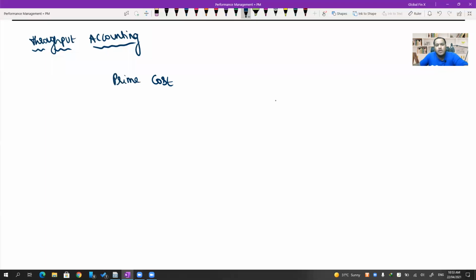Now, what is prime cost? Material cost plus labor. Do you remember? Only these two are truly variable. And then there are some other people who believe that even labor cannot be considered a truly variable cost. Why should we consider labor as truly variable? Because I pay the labor on an hourly basis or a weekly basis, on a periodical basis only.